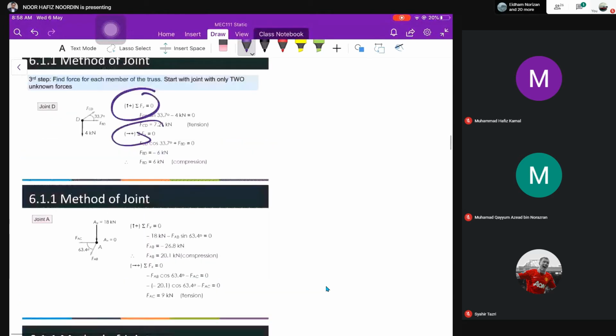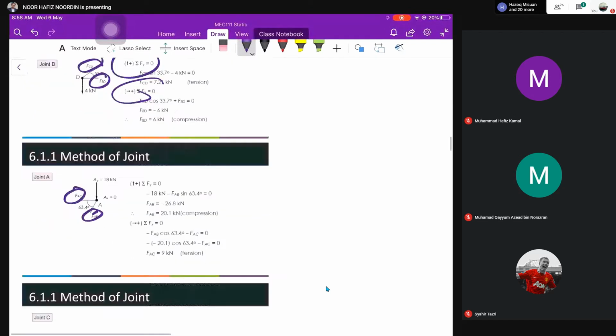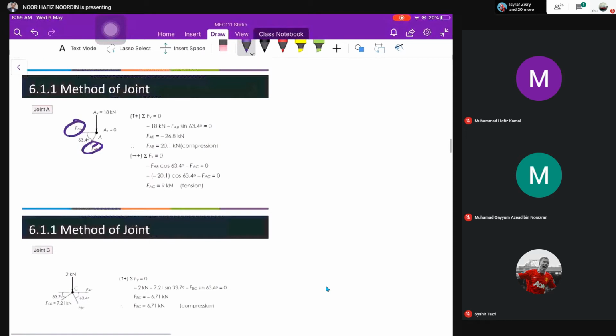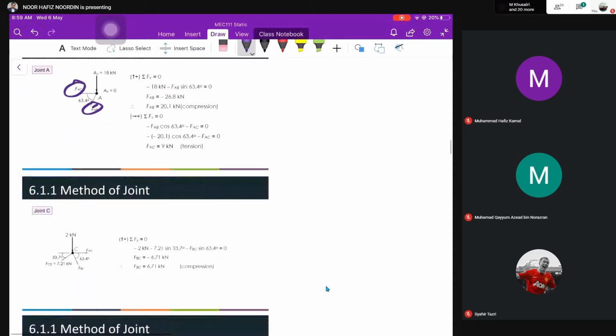The same thing goes at joint A. As you can see here, it started with 2 unknown forces. We have 2 unknown forces, so we solve this one first, and after that we proceed to other joints which have more than 2 unknown forces. So we can get the values.